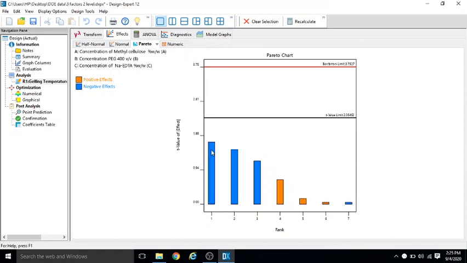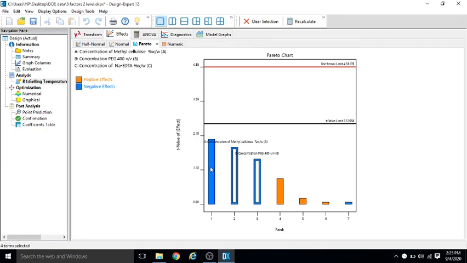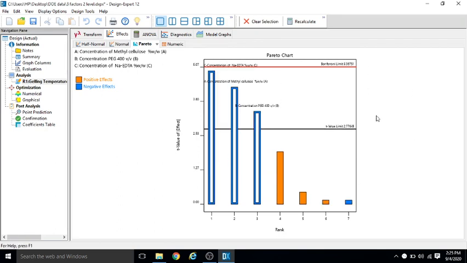So when you click on Pareto plot, the maximum impact is by the concentration of sodium EDTA, and the concentration we are taking in percentage weight by weight.